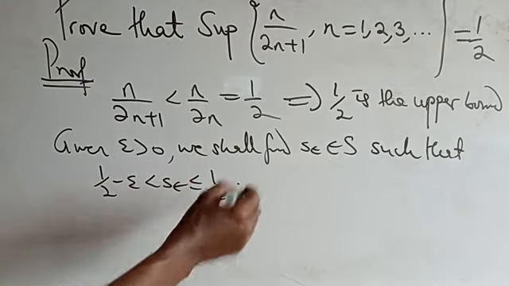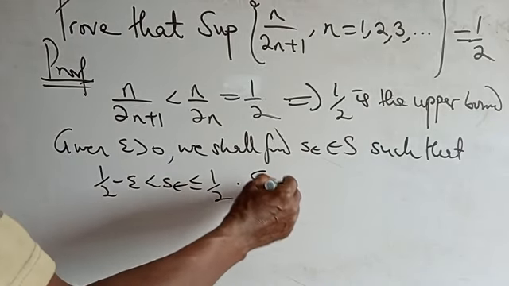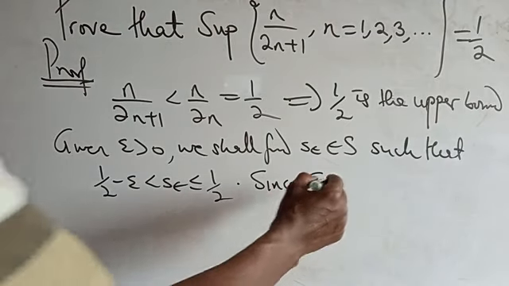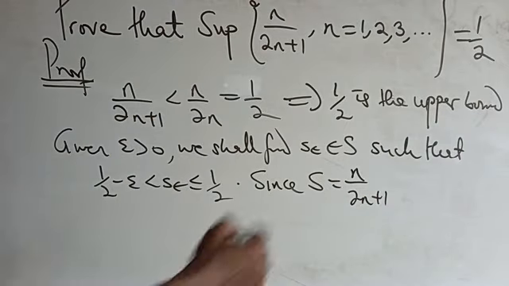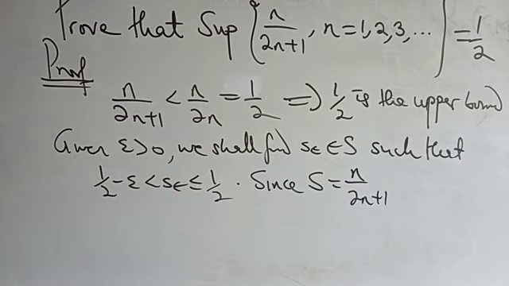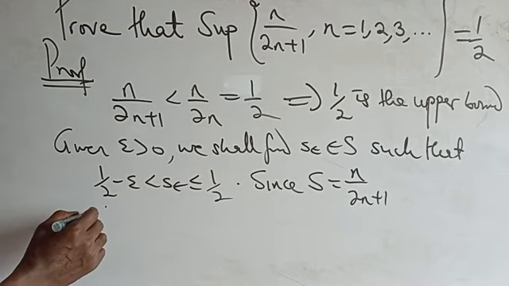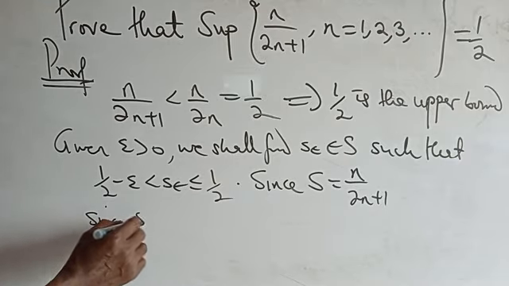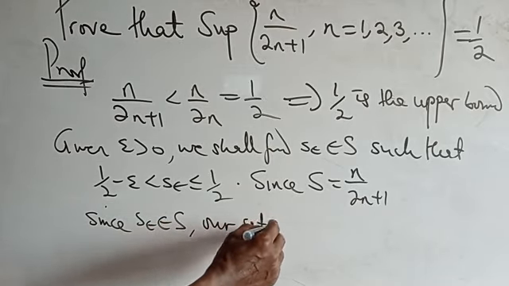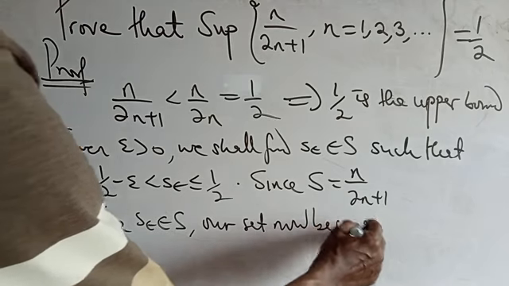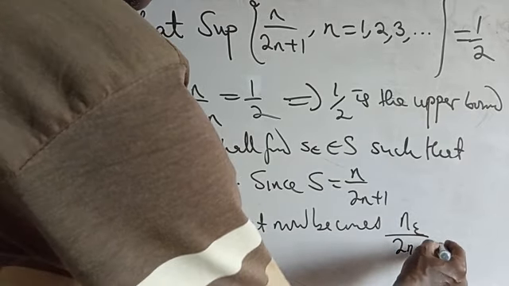And recall, our set S is equal to n over 2n plus 1. Now with x with respect to epsilon, we're going to have, since x epsilon is from S, our set now becomes n epsilon over 2n epsilon plus 1.